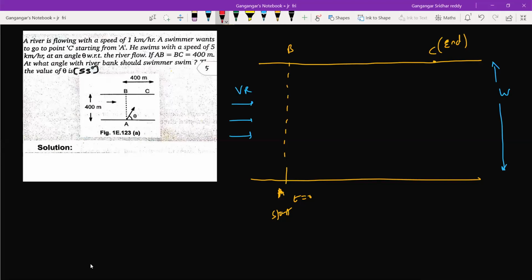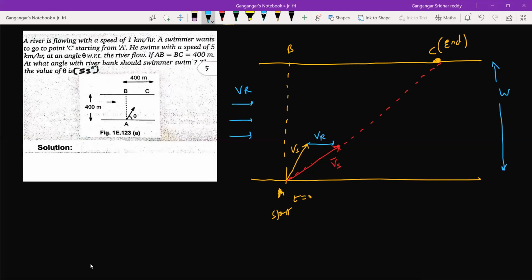So what is known for us? The direction of the resultant velocity here is given for us. Then the river current. Shall I assume now what the direction is? Somewhere I'll assume this, the direction of VS. The river current will push him. Is that okay?